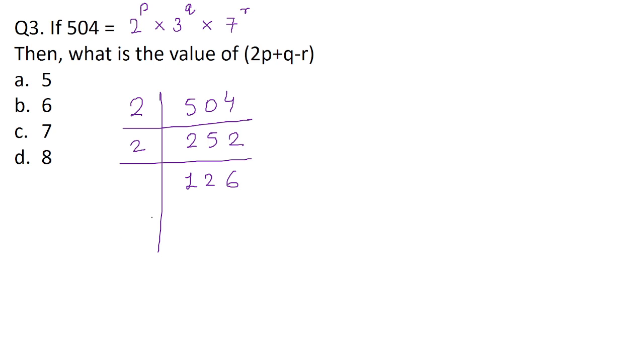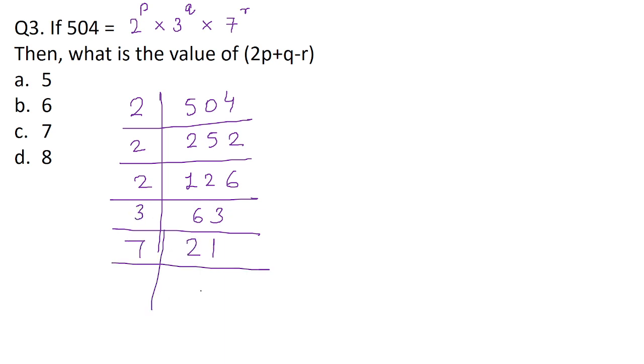Later on, again I'll divide it by 2, then 2 6s are 12, 2 3s are 6. Okay, 63. If I again divide it by 3, 3 2s are 6, 3 1s are 3, this will give me 7. 3 7s are 21 and 3 1s are 3. Correct?